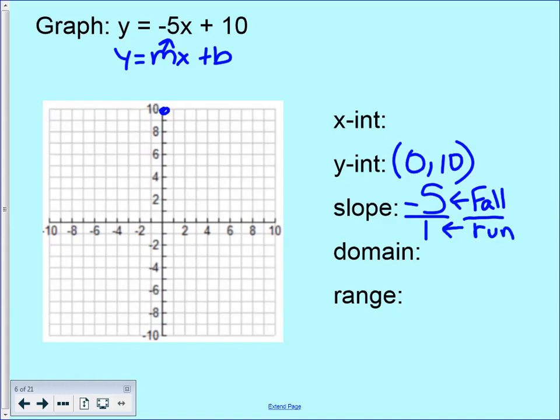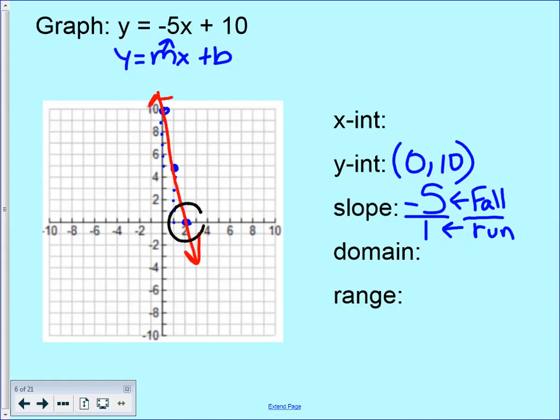So I'm going to go down 1, 2, 3, 4, 5 to the right 1. And that's my point. I want to always keep going until I get 3 points and I cross my x-axis. I can keep going if I want, but I have 3 points. I've hit my x-axis, so I'm going to go ahead and connect my coordinates.